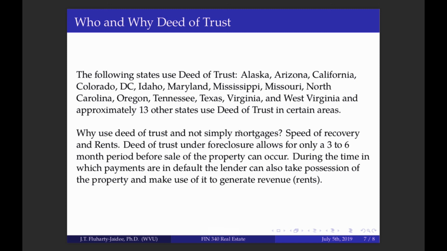And it's a very important property of deed of trust because it allows for the easy recuperation of the loan from the bank on apartment buildings. So it's very easy in these states listed above to get loans for the construction of apartment buildings because deed of trust allows the bank to take possession and obtain those rents should you stop paying the bank.